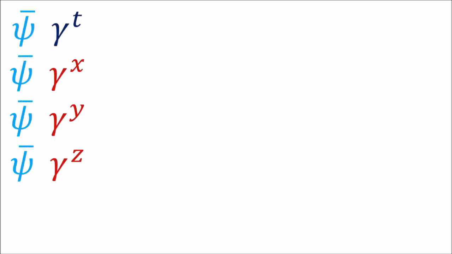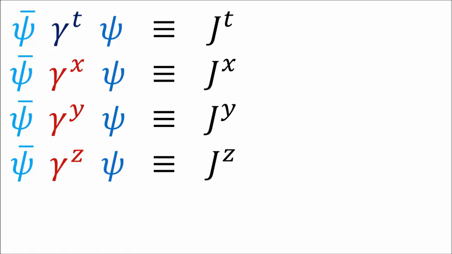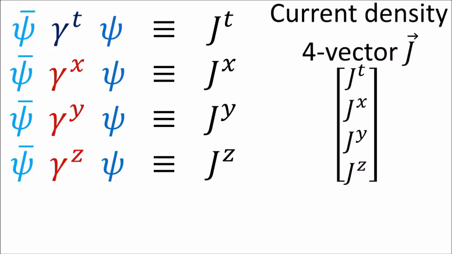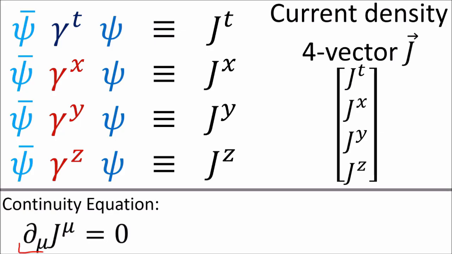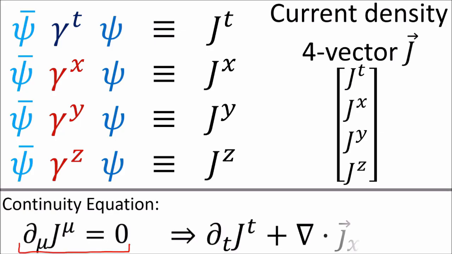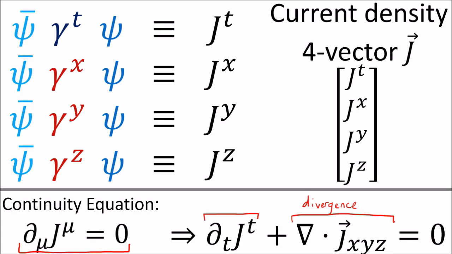We can use this to define four numbers, psi bar times one of the four gammas times psi. These four values form the four components of a current density 4-vector. And these components obey a continuity equation, where changes in density of the time component always result from a divergence or convergence in the spatial current densities.